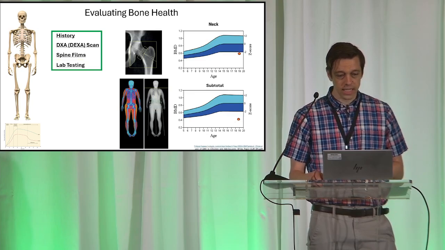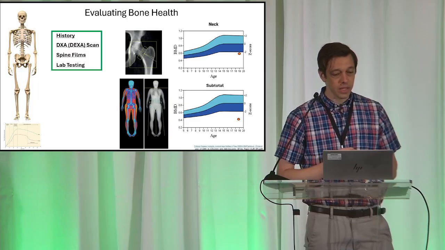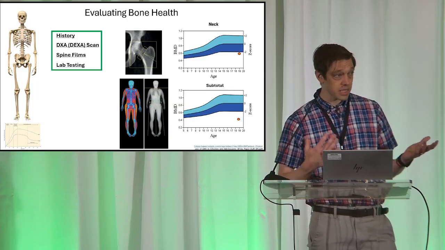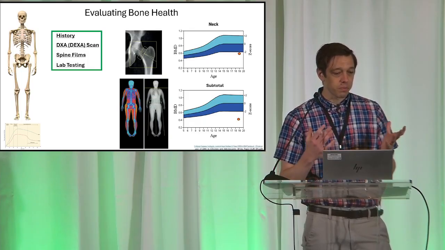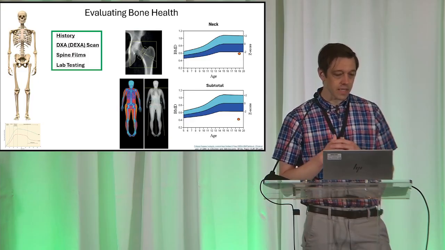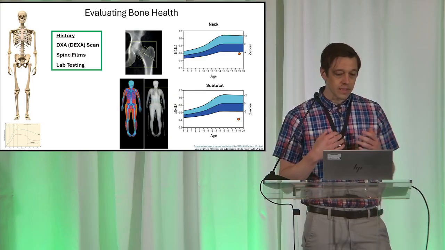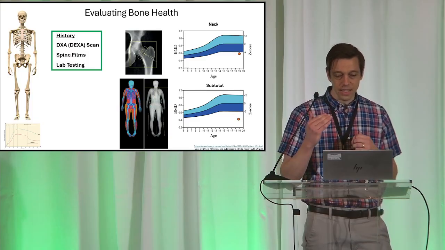So taking all that into context, let's say that we've identified an individual, a 19-year-old female, we've walked through the history, we've gotten that GSD history, we've performed a DEXA scan, and what we can see in this case is she has low bone mineral density in the neck of the femur.